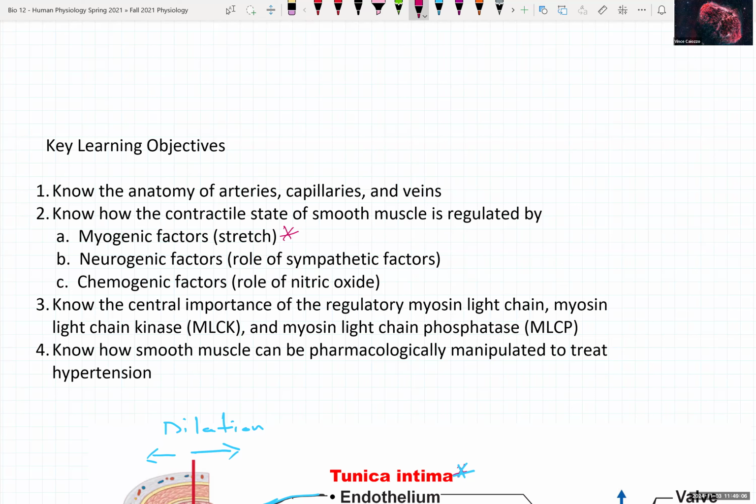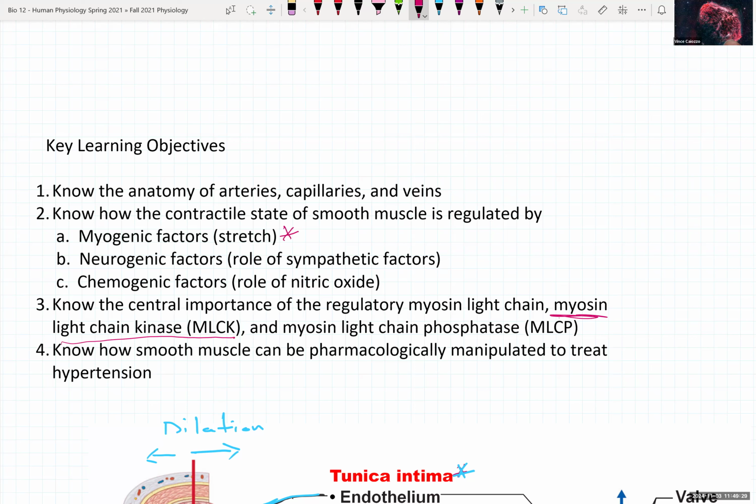The factors that determine the phosphorylation state of the regulatory myosin light chain are myosin light chain kinase. The abbreviation for that is MLCK. As all of you know, kinases phosphorylate their target molecule.